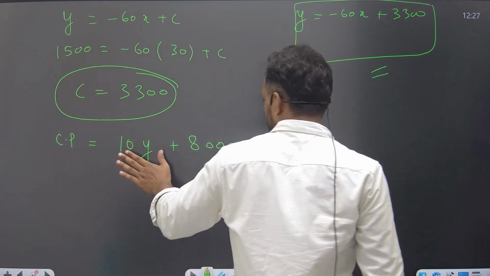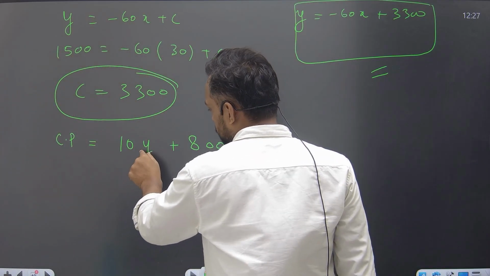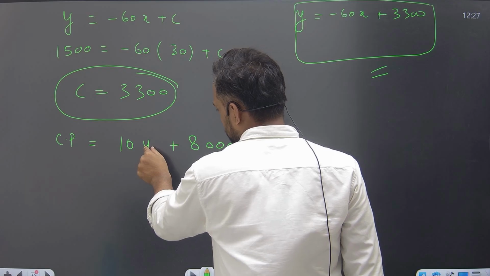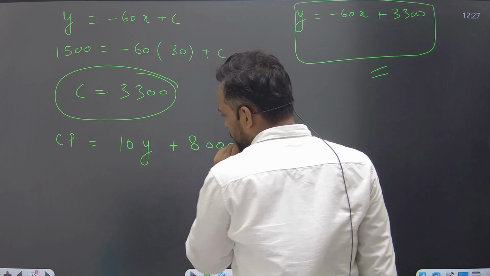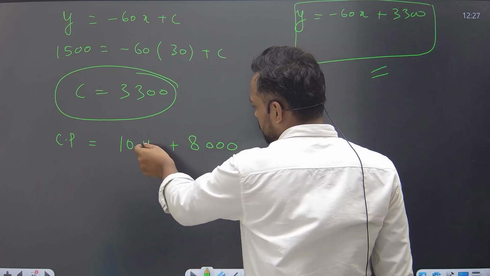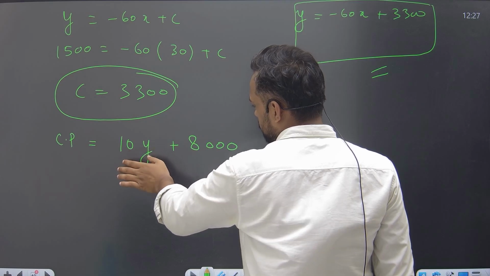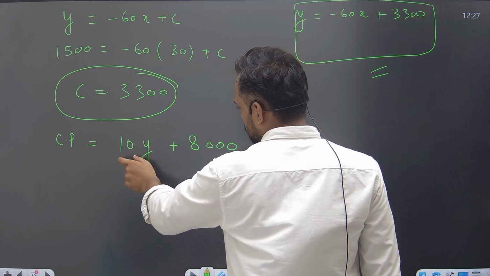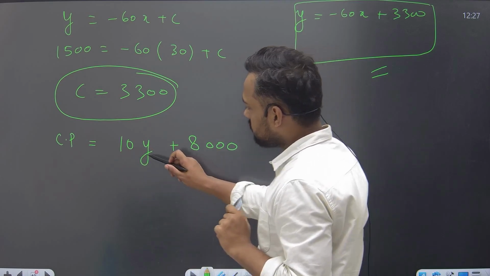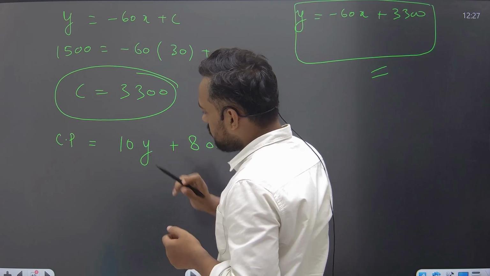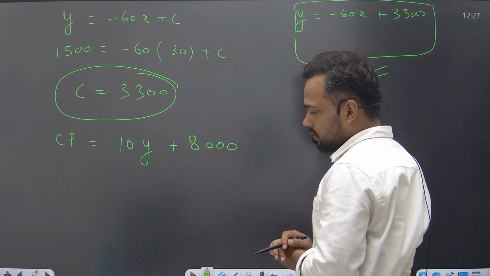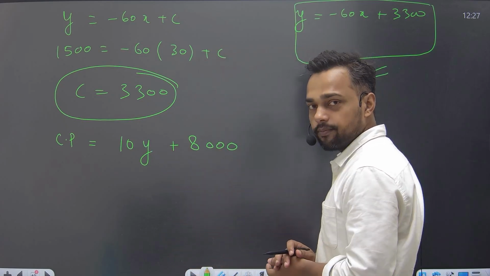Now why have I multiplied 10 times y? Because the number of toys sold is represented by y, and one toy costs 10 pounds. So for y number of toys, the cost price will be 10y. Okay.